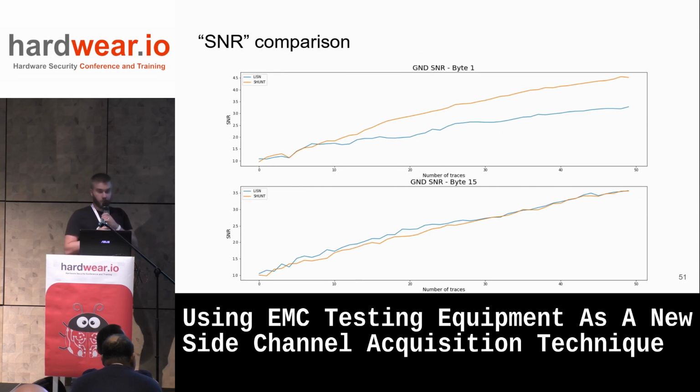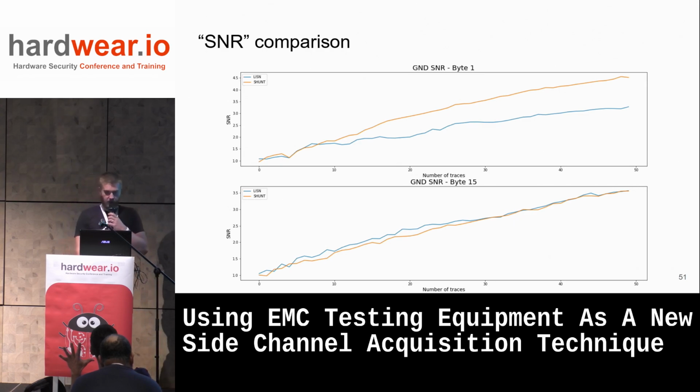You can see on the top one, it's the best case I had. The shunt gives a better distinction for the key on the traces over the LISN. But most of the traces or the key bytes were mostly the same. So LISN and shunt in those cases are mostly equivalent.